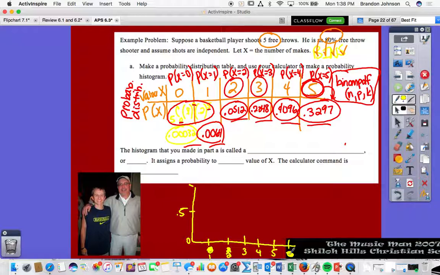So from 0 to 1, we would have 0.0032, so that'd be here, right? Okay?